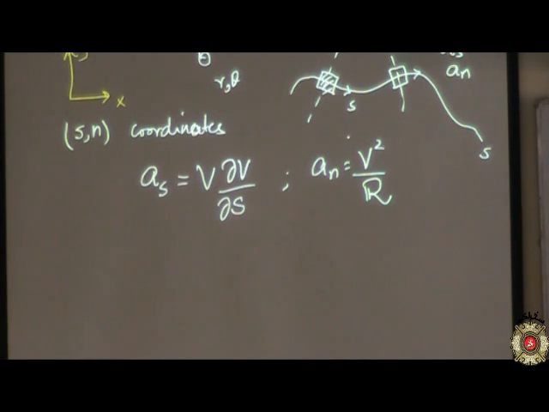Just like in previous cases, where we have X direction and then Y direction, first we will analyze F equals ma along the S direction and then the N direction. So let's first do F equals ma along a streamline.